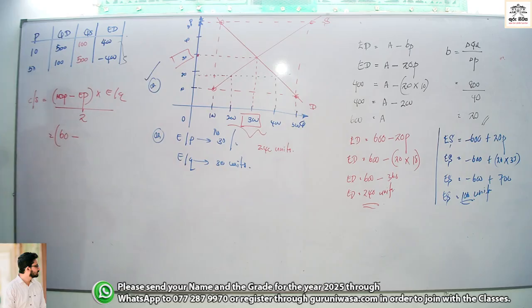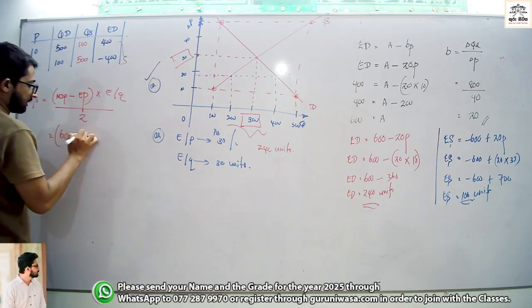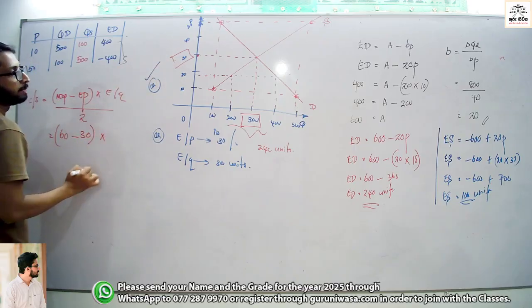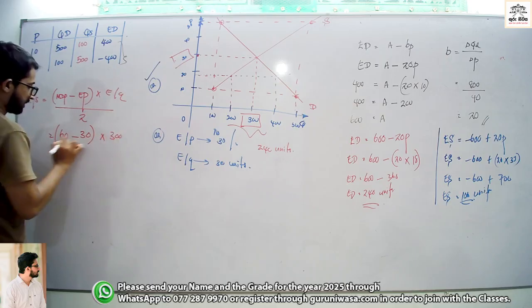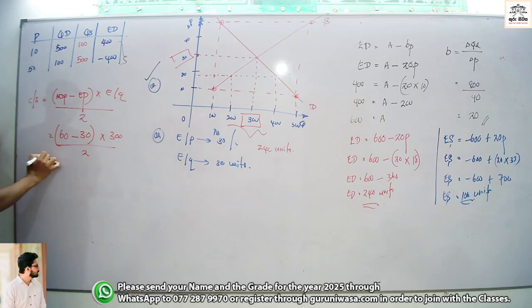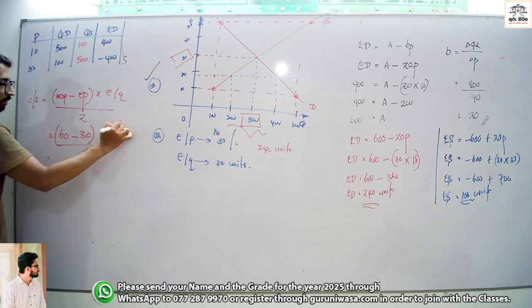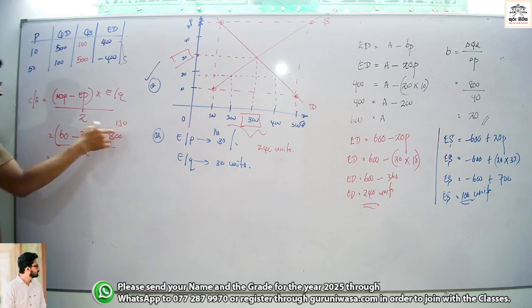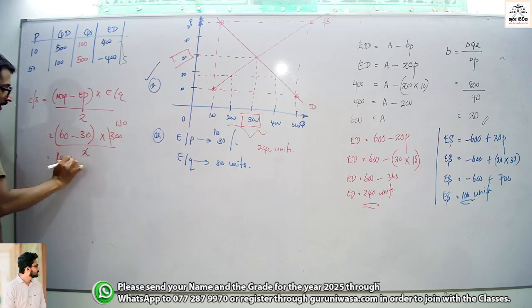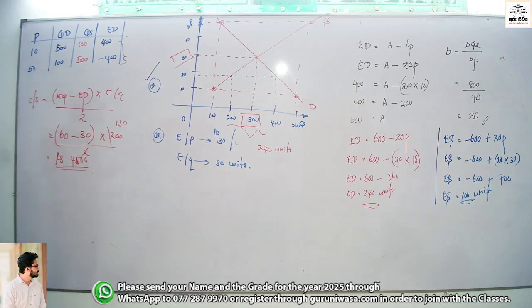If you draw it on a scale, 60 minus equilibrium price 30, into equilibrium quantity 300 units, divided by 2. 150 into 30 is 4,500 rupees.